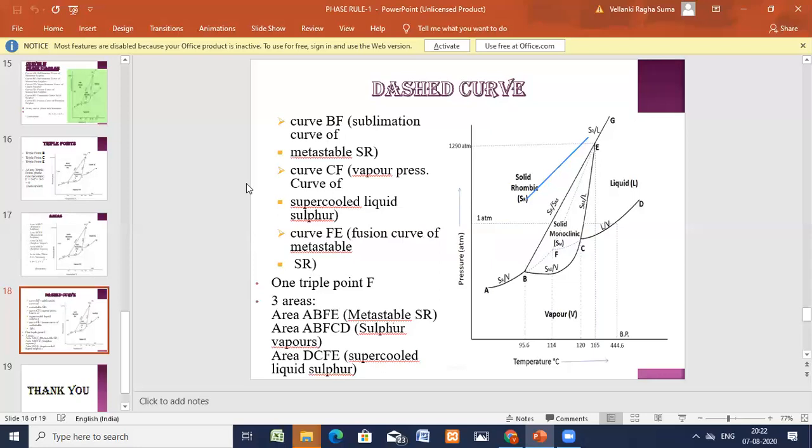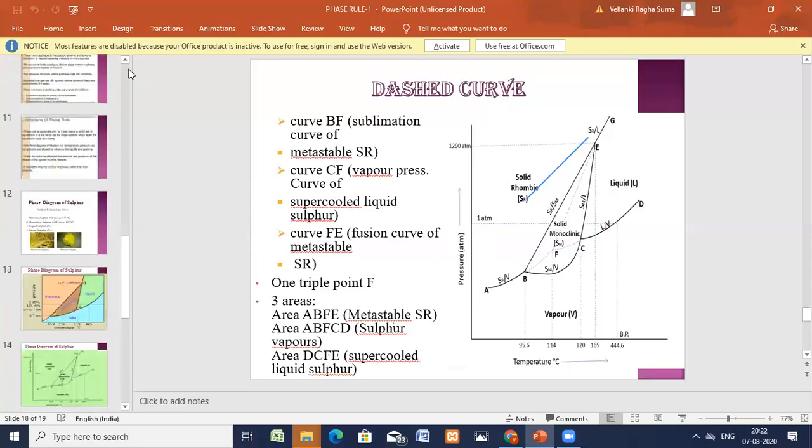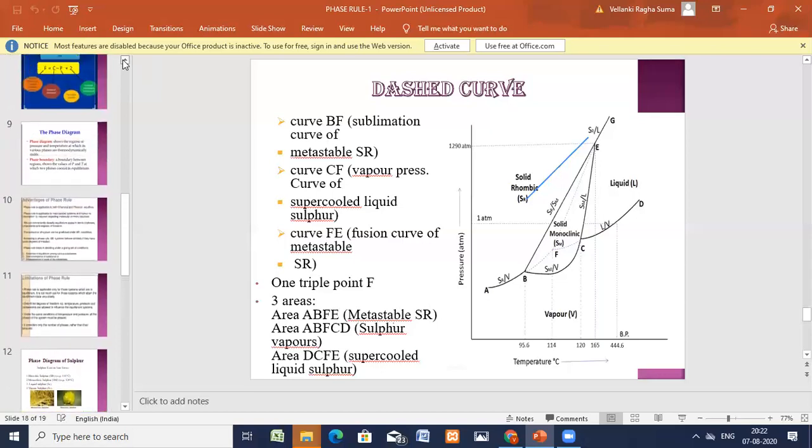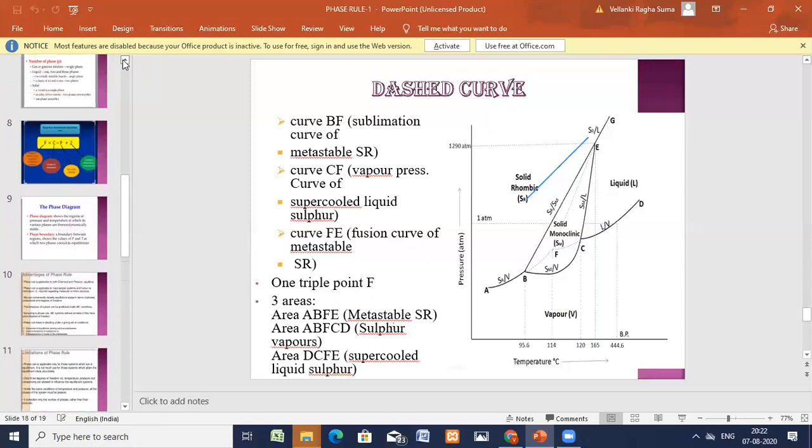So we have applied our phase rule, and on applying it, we have understood the phases and the variancy of the sulfur system, in which the different phases are in equilibrium.